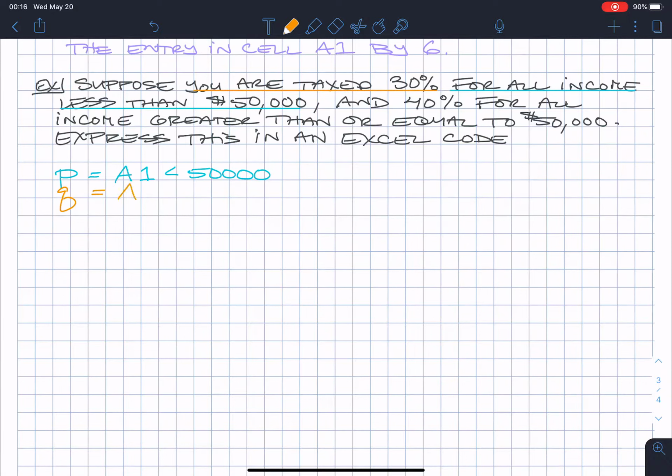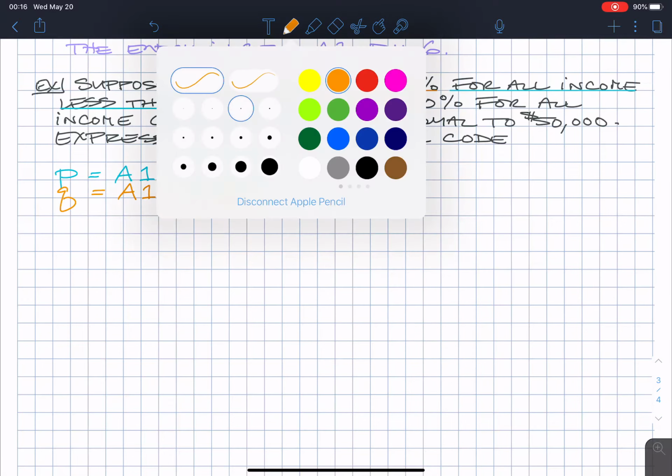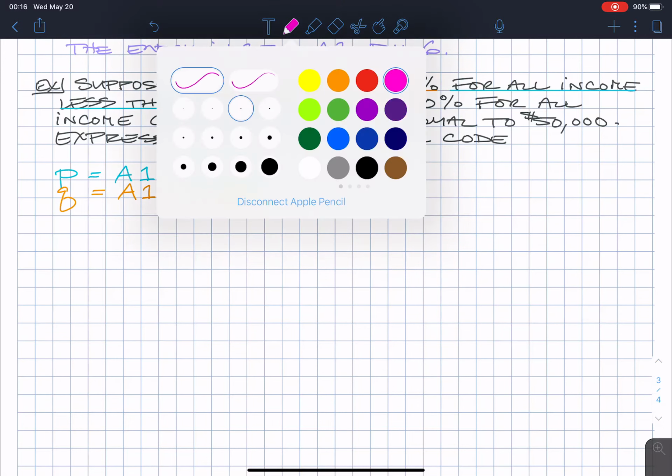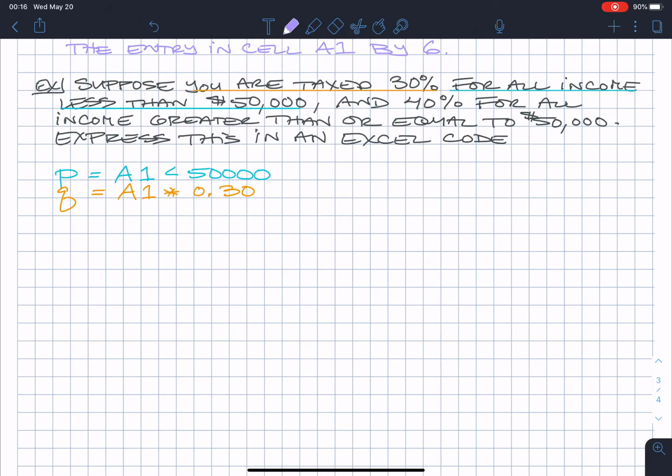So this would be A1 times, what's 30% as a decimal? It's 0.30. So if A1 is less than $50,000, then I will be taxed at 30%. Otherwise, I'll be taxed at 40%, right?